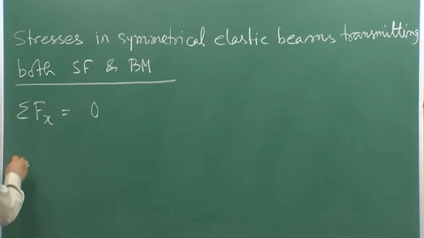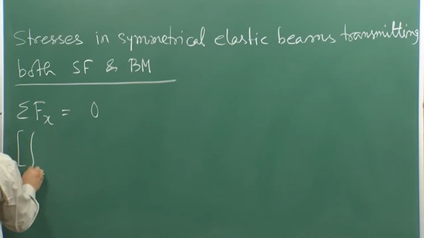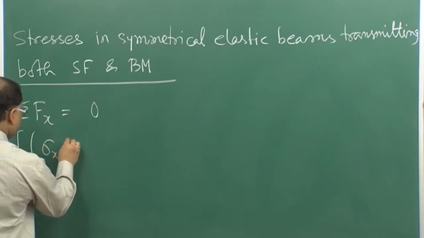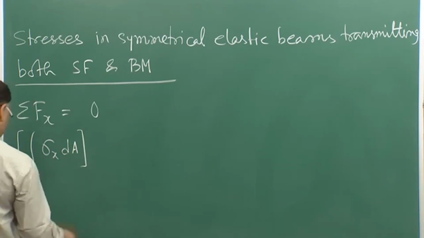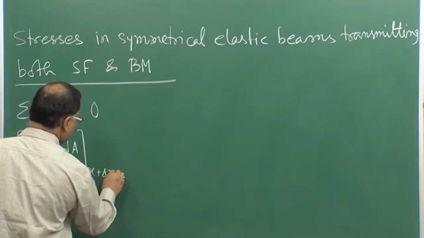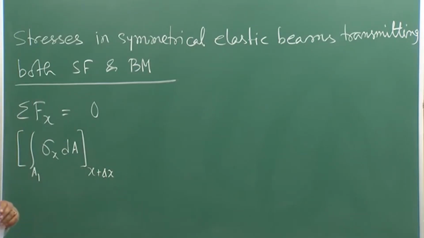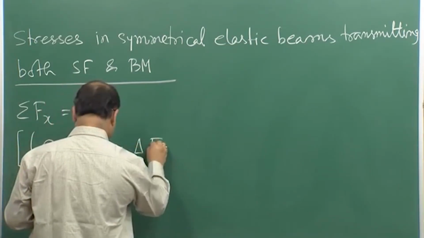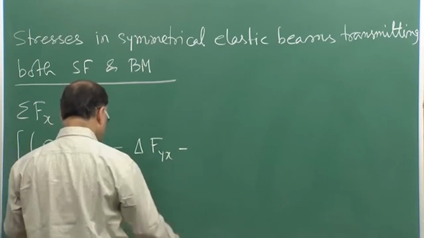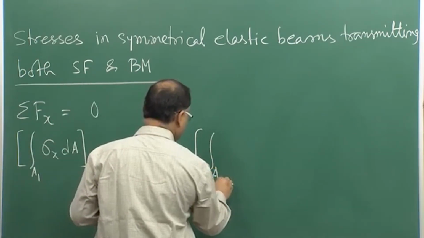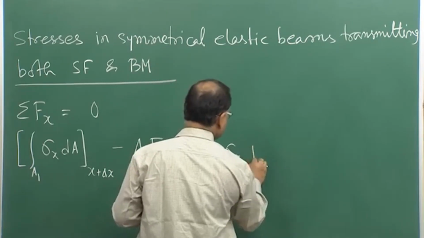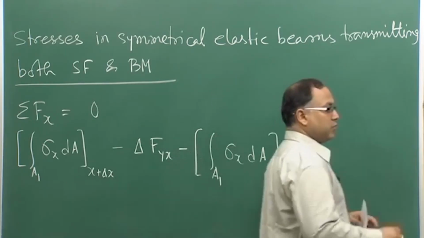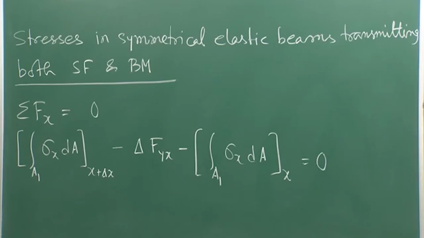Therefore, I can write simply integration over the area A1 of sigma x dA at x plus delta x distance, that means on the positive x plane, minus delta f y x minus integration over the area A1 of sigma x dA at x equal to 0. So, what am I doing?